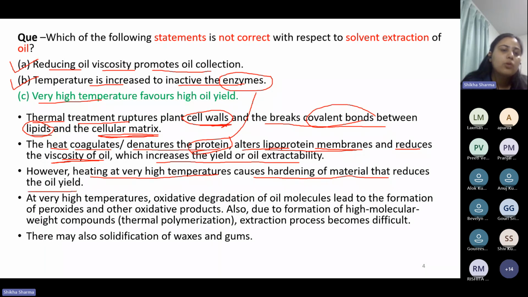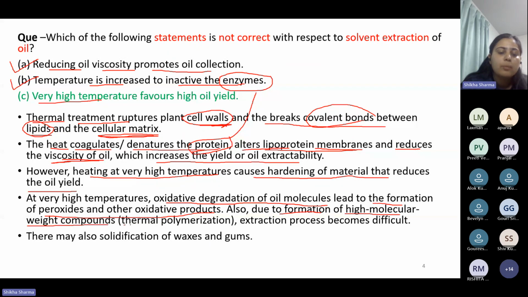Because of very high temperature, two reactions happen: oxidative degradation of oil molecules happens, which leads to the formation of peroxides or other oxidative products. And also at the high temperature there is a formation of high molecular weight compounds.